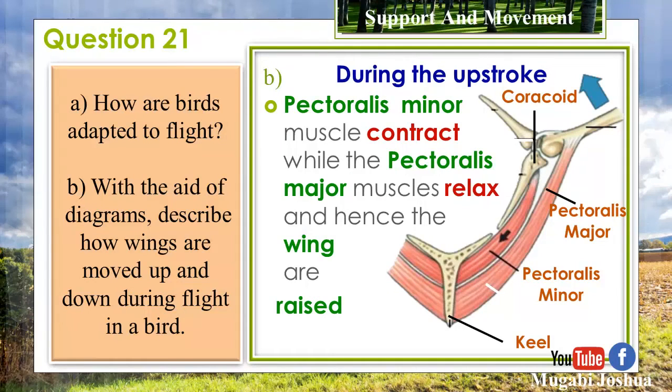When the pectoralis minor muscle contracts while the pectoralis major muscle relaxes, the wings are raised up.